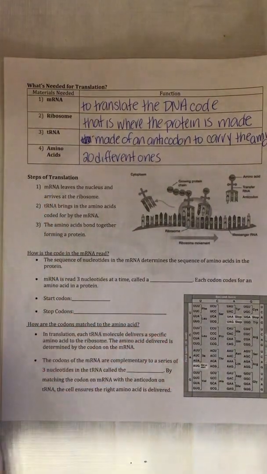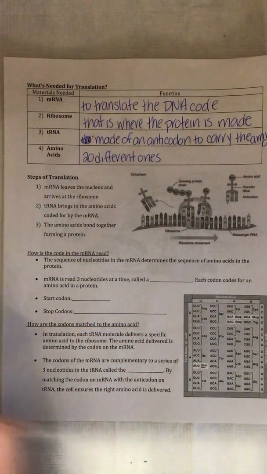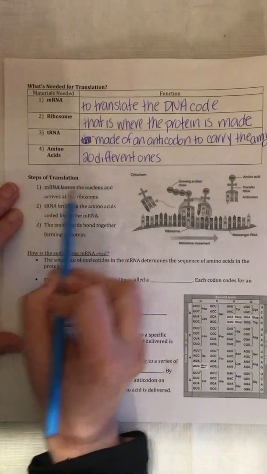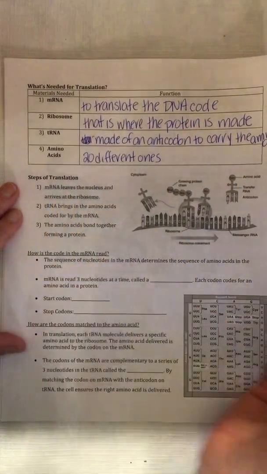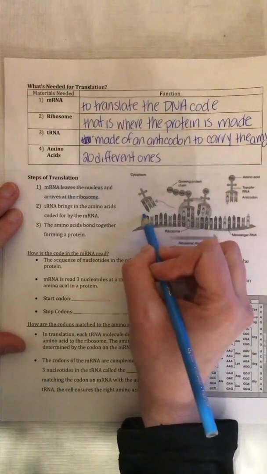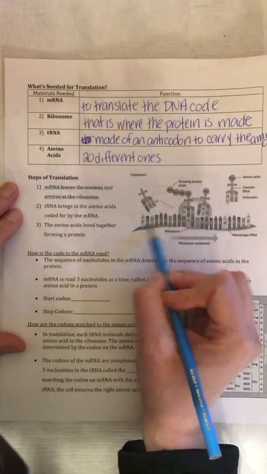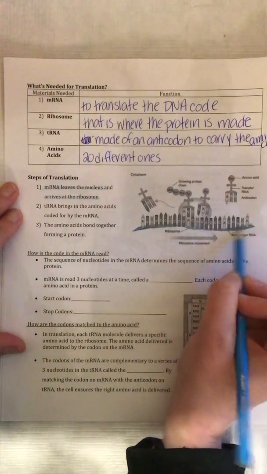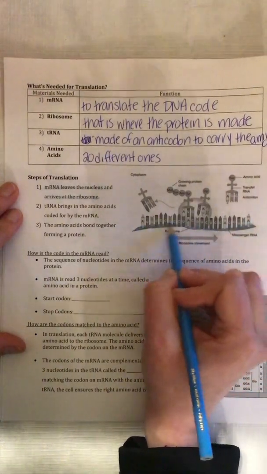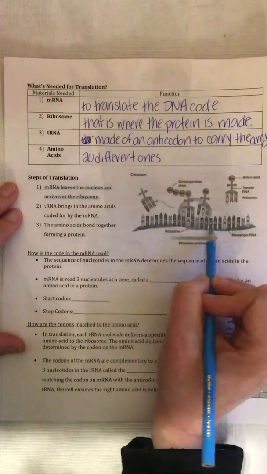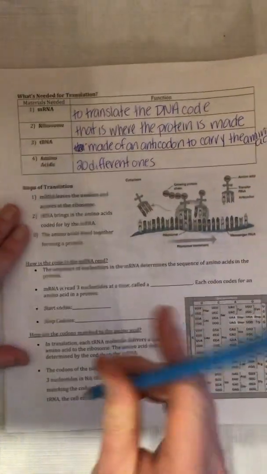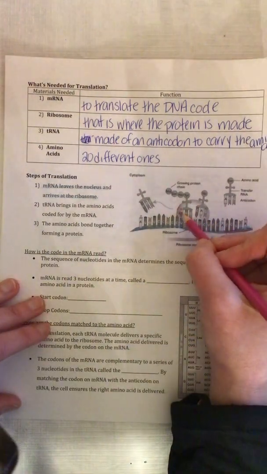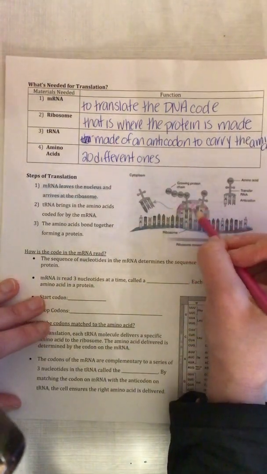So the first thing that happens is mRNA leaves the nucleus and it arrives at the ribosome. So this all here is our mRNA strand that has left the nucleus and it is arriving at the ribosome. I'm going to color our ribosome in pink here. Here's our ribosome.